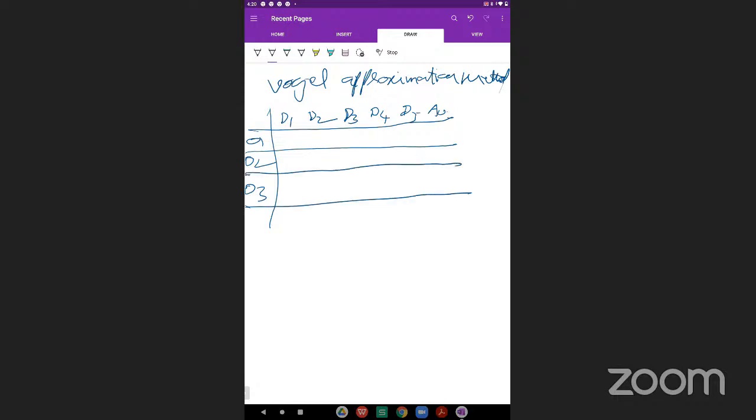And a demand will be there. That is called the requirement. Now the cost. And at last is the penalty. Here also penalty.